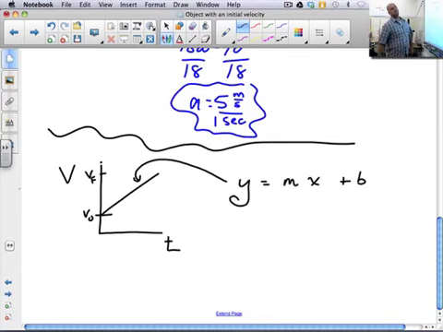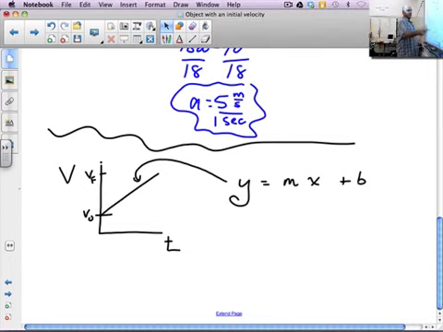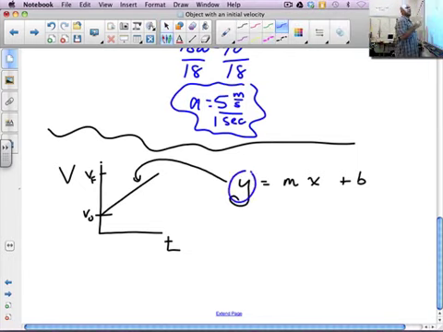That's what they teach you in math. Anyway, y to us in physics is whatever variable is on our vertical axis. In this case, it's our final velocity. Okay? M is the slope of our velocity graph, which is called acceleration in physics. X is our time t. Okay? Initial velocity is our b term.